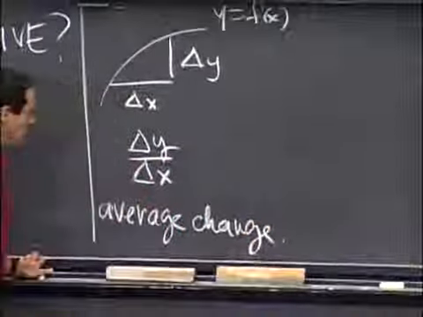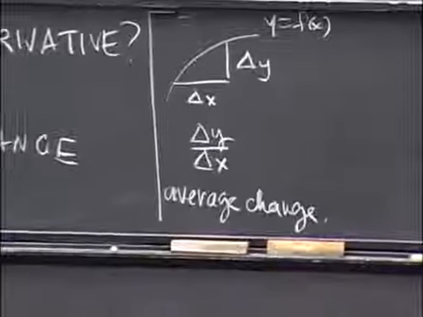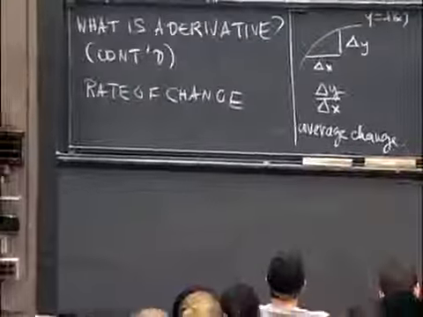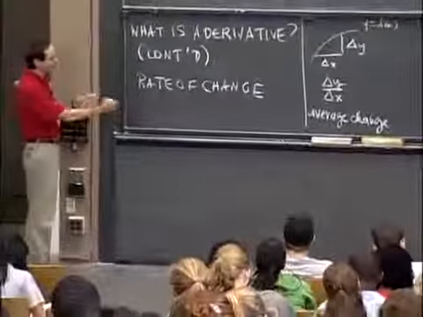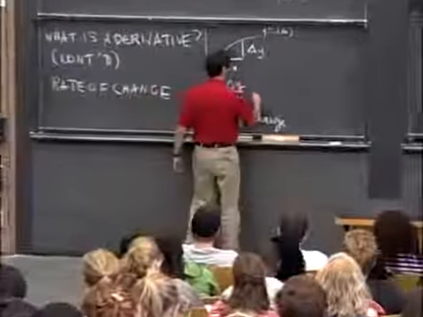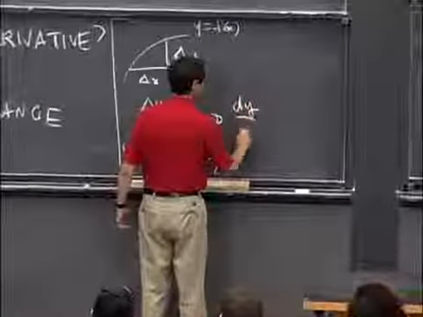Now, usually, we would think of that if x were measuring time, and that's when this becomes a rate. And the average is over the time interval delta x. And then the limiting value is denoted dy dx.